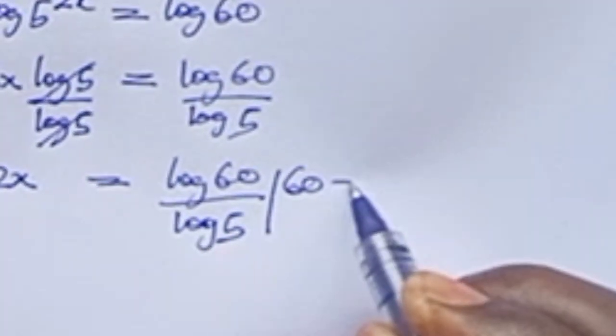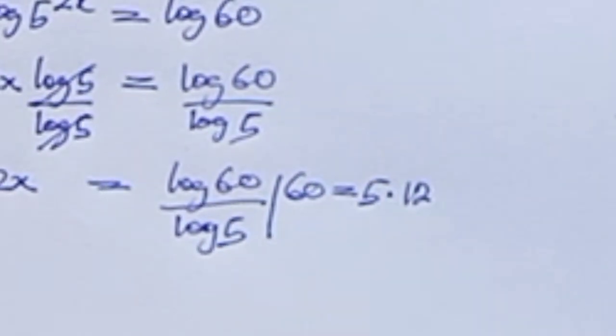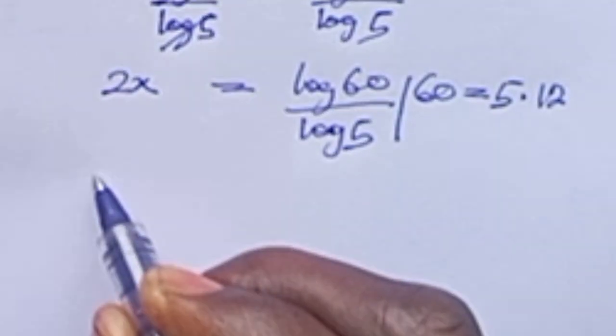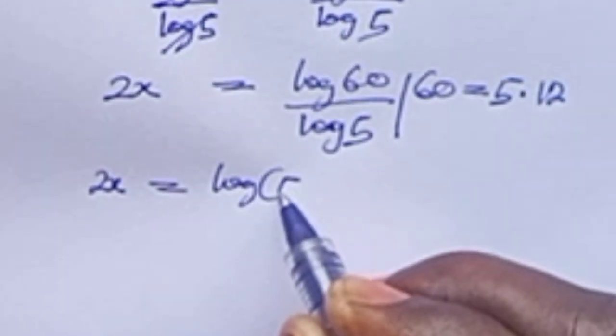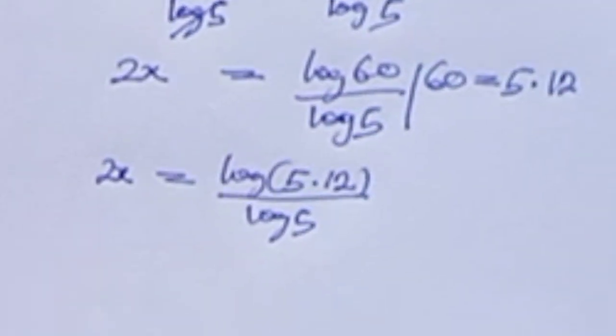But 60 can be split into 5 times 12. So in the next line, we're going to write 2x equals log of 5 times 12, in the place of 60, all over log 5.